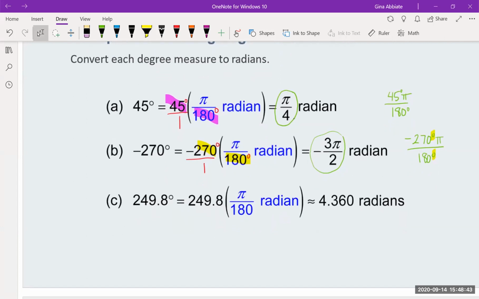Now in this next example, we don't end up with a number that makes a nice fraction. We end up with something that is a decimal. So in this particular case, you're just going to type this into the calculator and use the pi symbol in the calculator, and it will convert everything for you into this radian measure here.